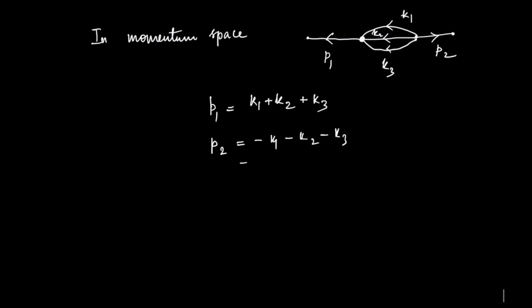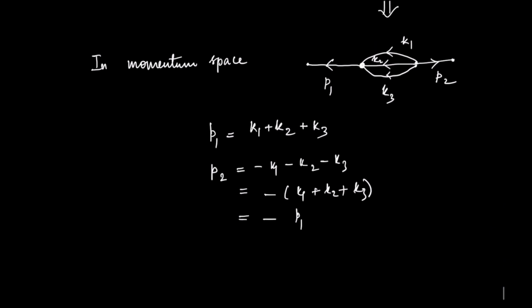So this is minus of K1 plus K2 plus K3, which is equal to minus of, what is K1 plus K2 plus K3? It is P1. So P2 is equal to minus P1.